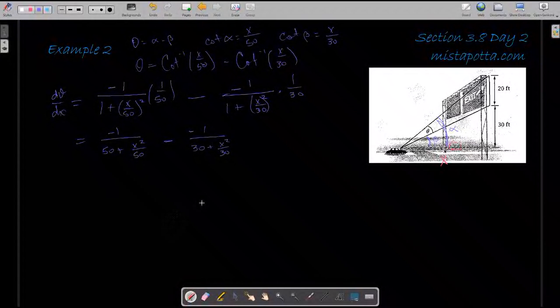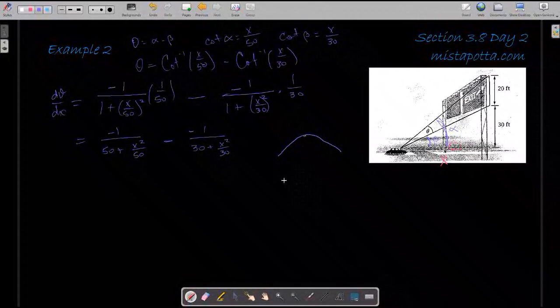Now, as I get closer to this sign, I'm going to see that this angle theta is going to increase, but it'll only increase to so much, and then as I get closer to the sign, due to the steepness, this angle theta is going to decrease.